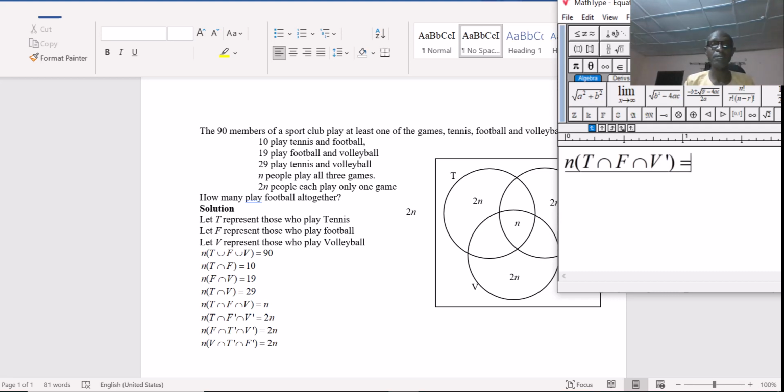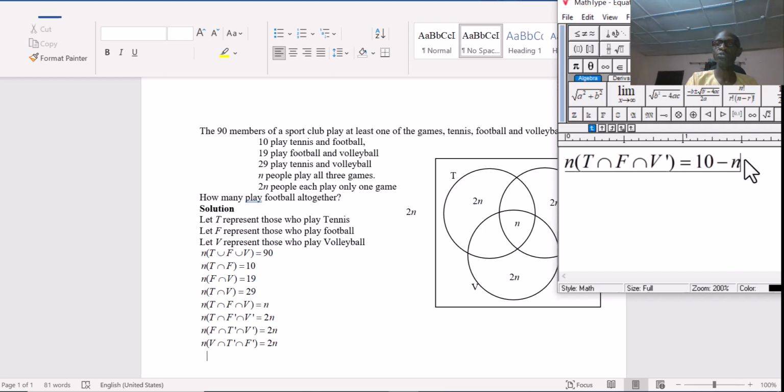So that is 10 minus N. This region, where I'm putting the cursor on the screen, the total is 10, and those who are playing all the three games is N, so you have to subtract that.